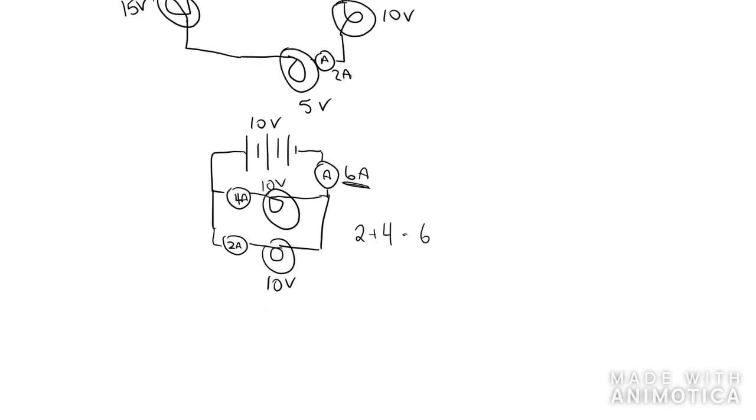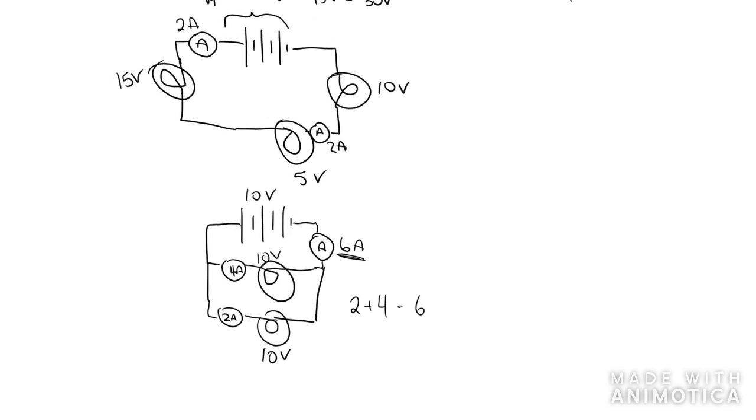There are 2 questions. The last 2 questions on your worksheet have to do with this. So you just have to look if it's parallel or in series, if you're looking at voltage or if you're looking at current. So voltage in series, voltage adds up, current stays the same.